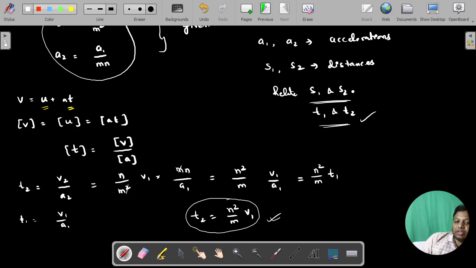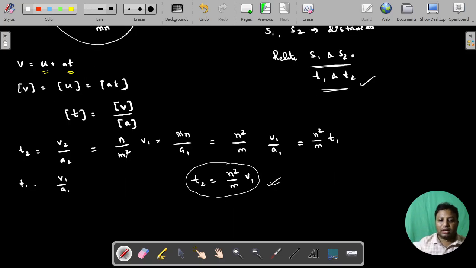In this 2023 problem, 4 options are given. In each option there is an expression which relates S2 and S1 like this: n cube by m into S1 and T2 equal to n square by m into T1. So like this, 3 other options are there, and here also 3 other options are there.